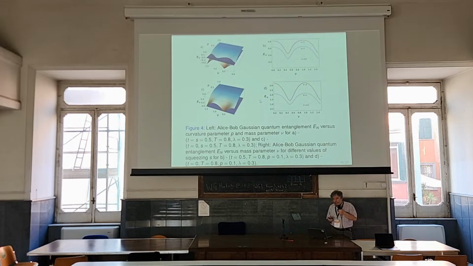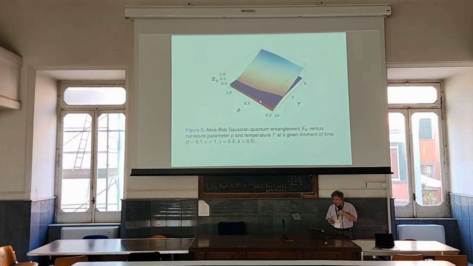When nu, the mass parameter, is equal to 1/2 or to 1/3, corresponding to conformal field and respectively to a massless field. Entanglement is decreasing by increasing the curvature of the de Sitter space. This means that by decreasing the parameter p.